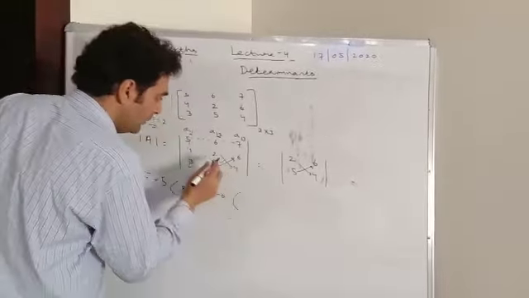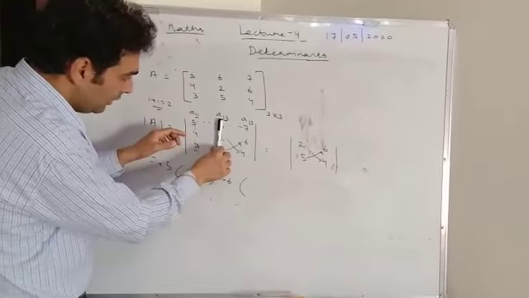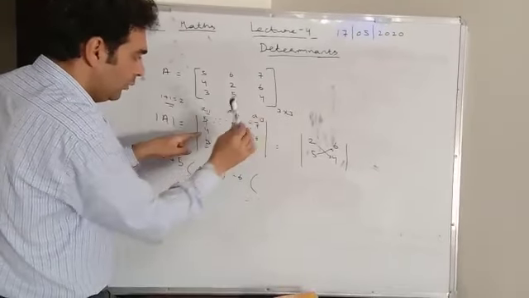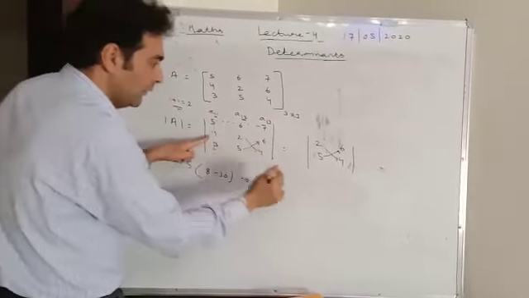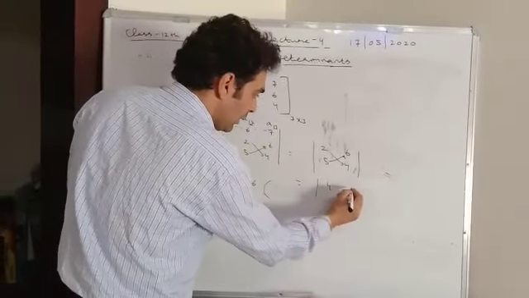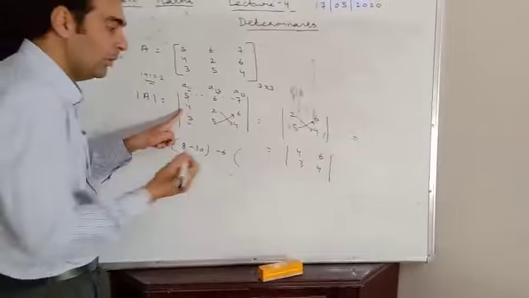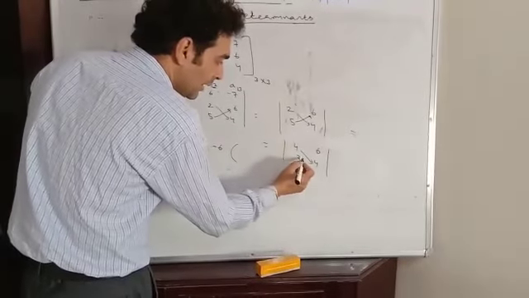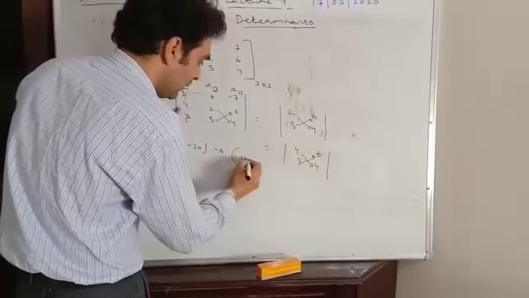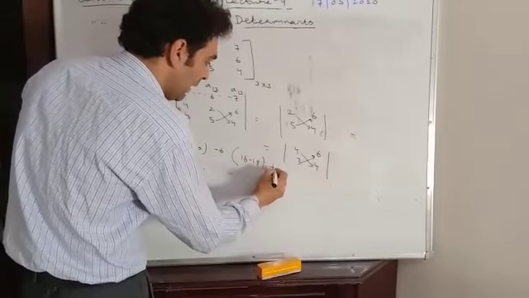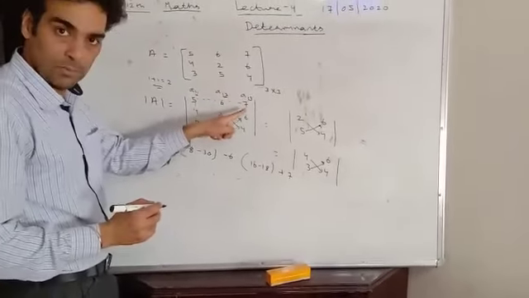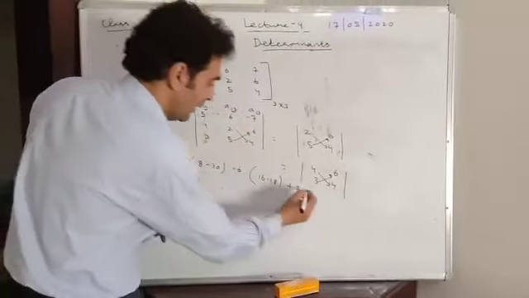Now what will you do? Cancel this column and this row. What are you left with? 4 6 3 4. Then multiply again: 4 4 is 16 minus 18, plus 7, because 1 3 is even, so plus sign.